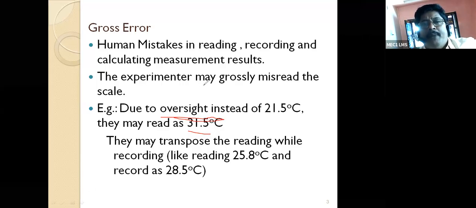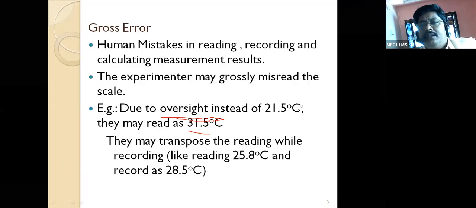Here, the experimenter may grossly misread the scale. Sometimes it should be 5 but they read 4. So gross errors are mistakes made by the human, not by the instrument. The instrument is giving the true value, and that is also the accepted value.